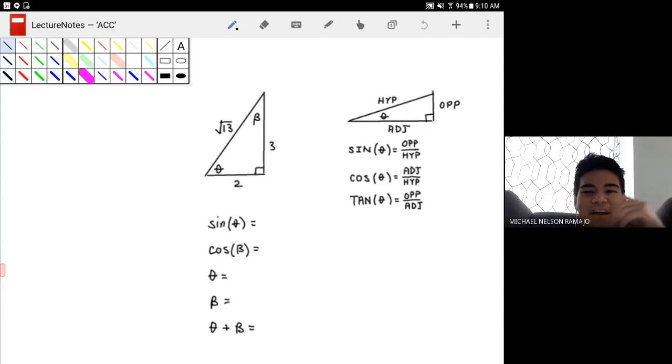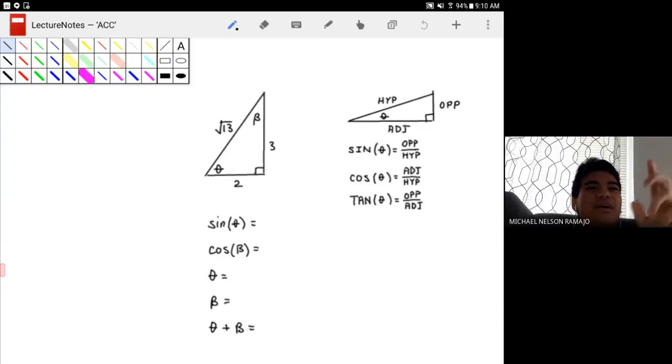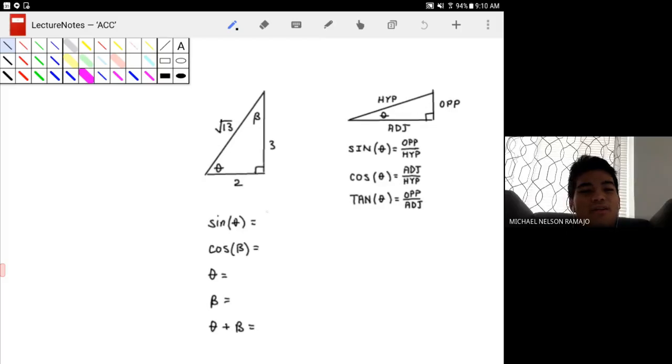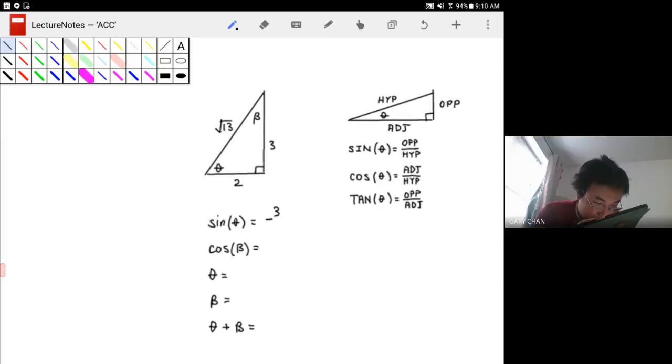Sine is equal to opposite over hypotenuse. That's right, so it's 3 over radical 13. Do we need to simplify that? That's an excellent question.